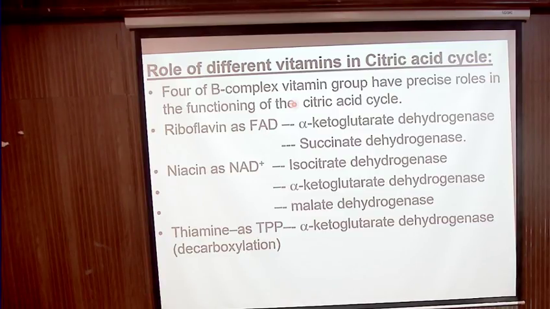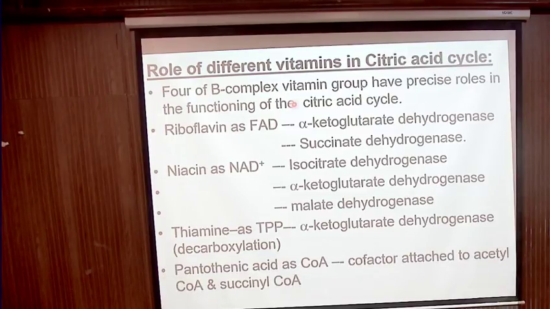Each of them is dealt with, where you have riboflavin, niacin, thiamine, all of them as short notes. Each of these will be dealt with, where the functions of these vitamins will be covered. So 4 of the B complex group of vitamins have precise roles in the functioning of the TCA cycle.